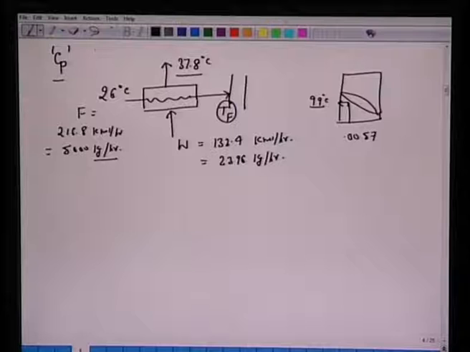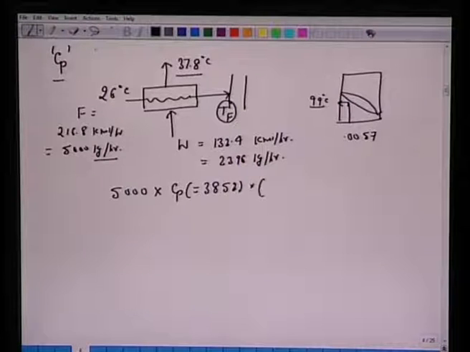All we have to do is make a heat balance here. 5000 kg per hour, multiplied by Cp, the specific heat, which from the literature is 3852 joule per kg per Kelvin, multiplied by TF minus 26 degrees centigrade.